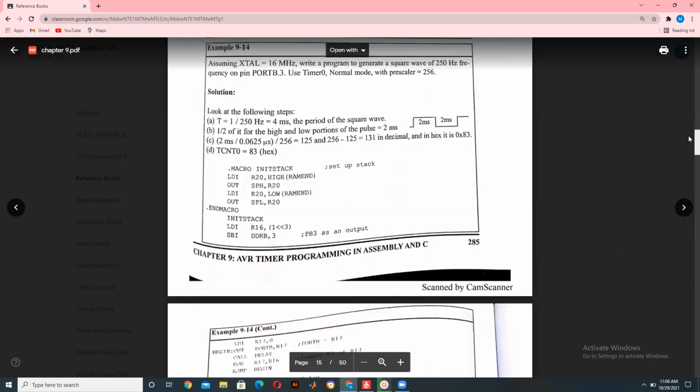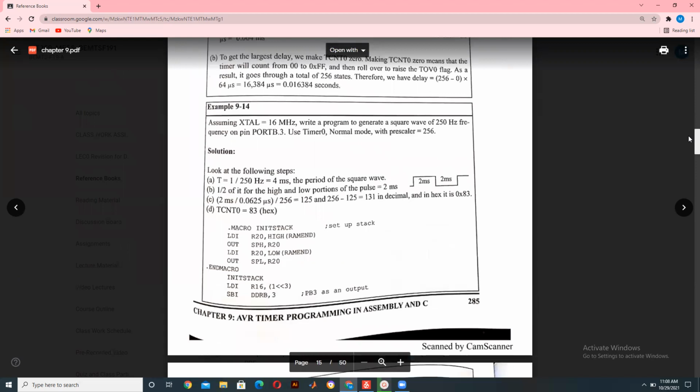In the same way, in the next example, we write a program to generate a square wave of 250 Hz frequency on a pin of the port, using Timer0 mode with a prescaler of 256. First of all, we calculate the time for 250 Hz.